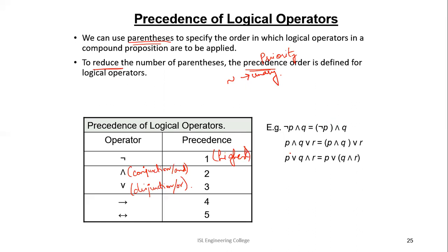After that, P and Q or R: P and Q, so we have to solve this part first, and then the entire thing second. Over here also this is done first and this entire thing is done second. Next, Q and R will be solved first and then the entire proposition.